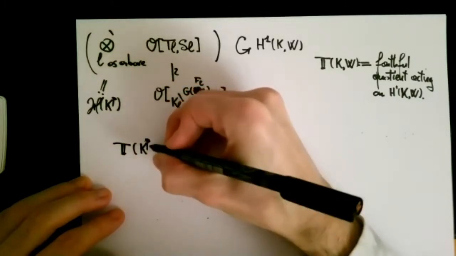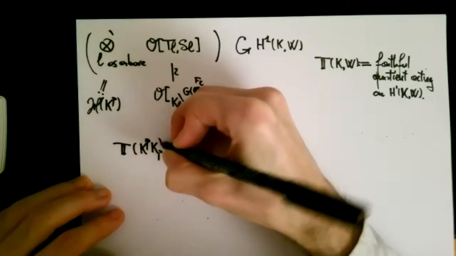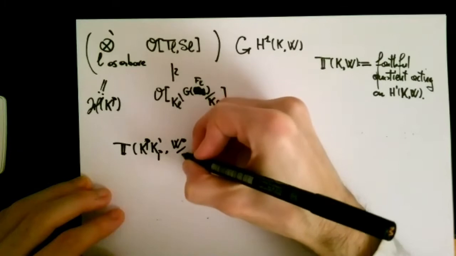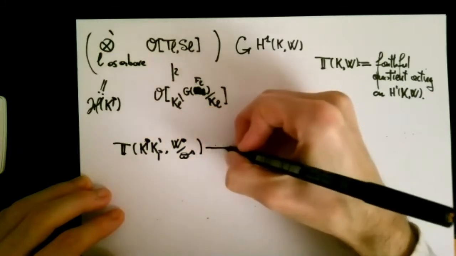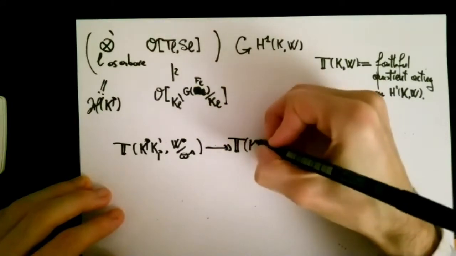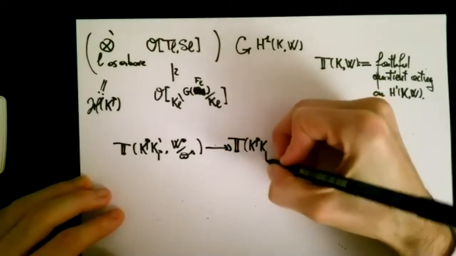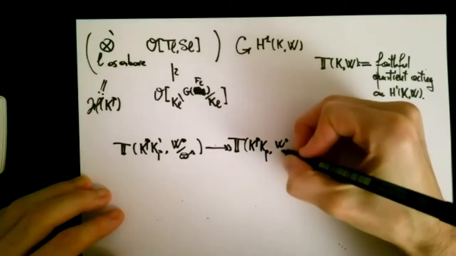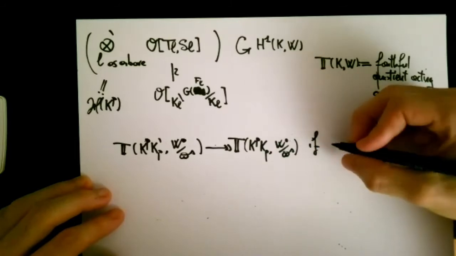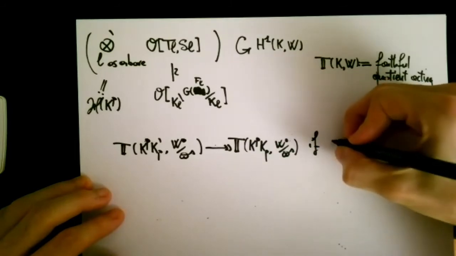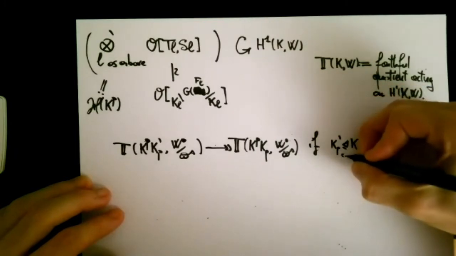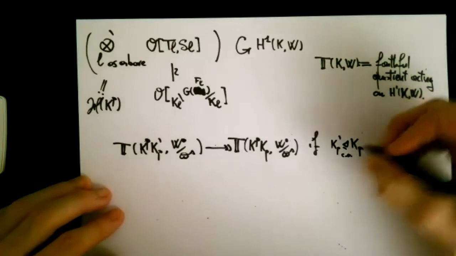So here I have T_{K^p K'_p}(W_0, omega, S) which surjects to T_{K^p K_p}, same coefficient, if K'_p is a normal compact open subgroup.